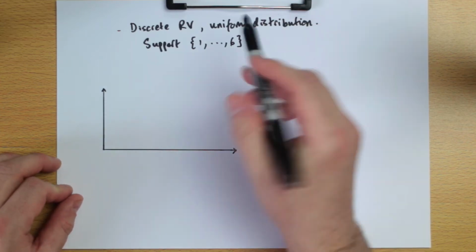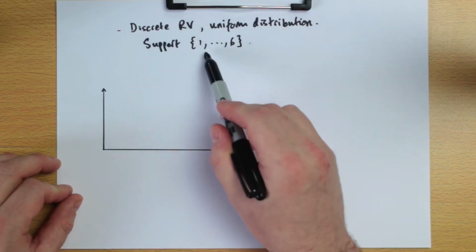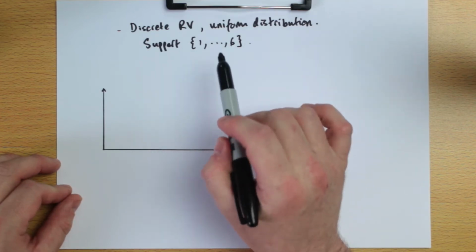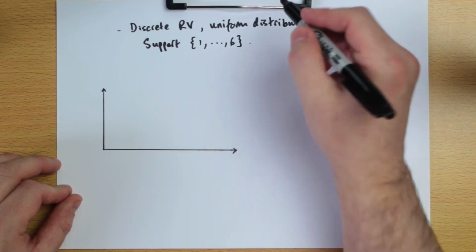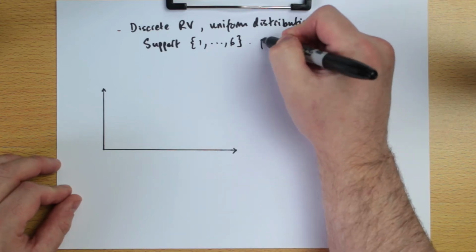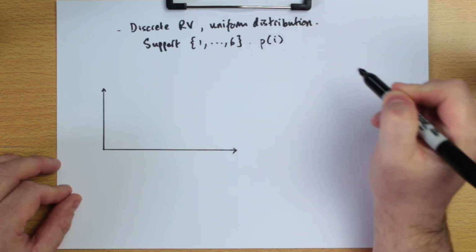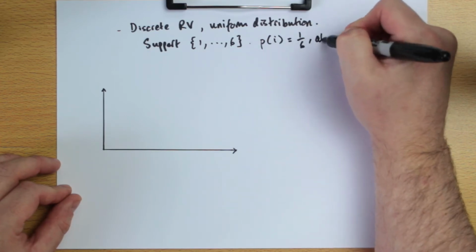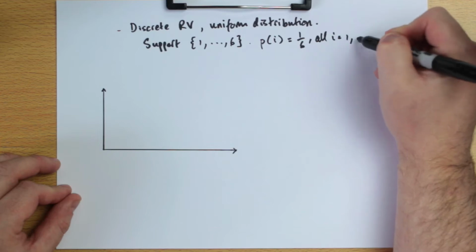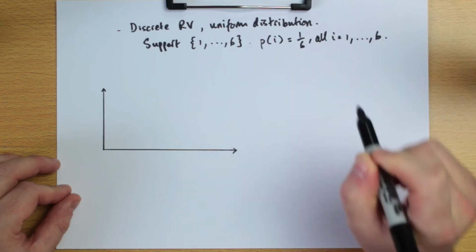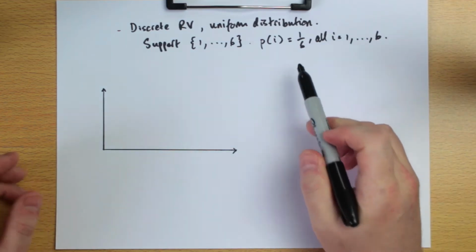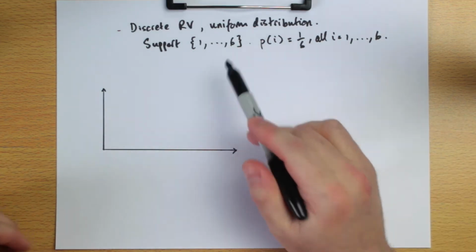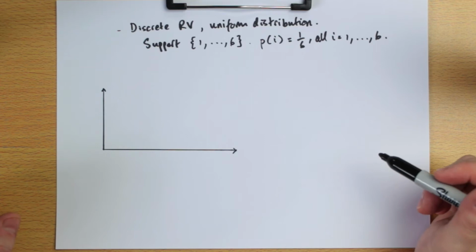The fact that it's discrete meant this is a finite set, and the uniform distribution here is simply to say the probability of number i is just equal to 1 over 6 for all i equal 1 up to 6. So that's what makes it uniform, the fact that every particular outcome has the same probability.